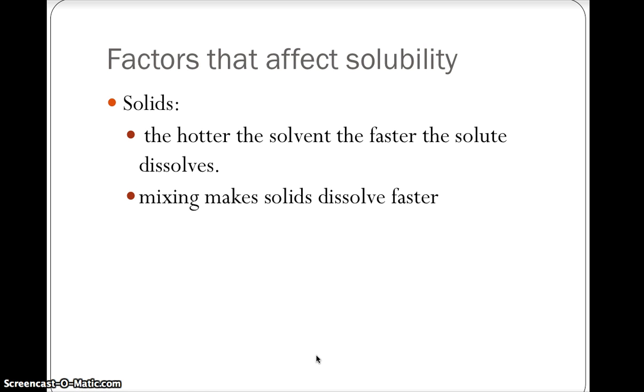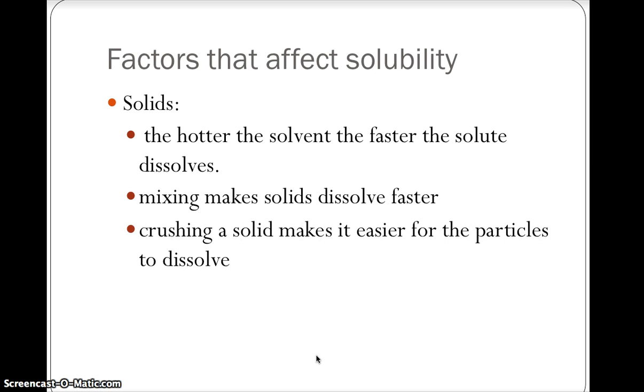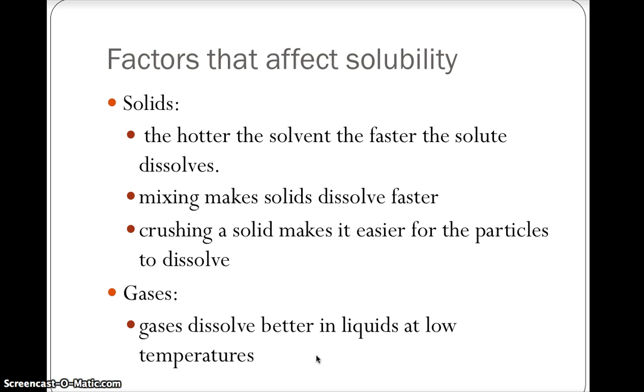If you mix sugar into coffee, it dissolves faster. And crushing a solid makes it easier for the particles to dissolve. So instead of having like a big block or a cube or a tablet, crush it up. When you want to dissolve a gas, unlike a solid, you want the gas and the solvent to be at lower temperatures because the gas is going to want to move around a lot, and if it's moving around a lot, it's not going to do what you want, which is dissolve.